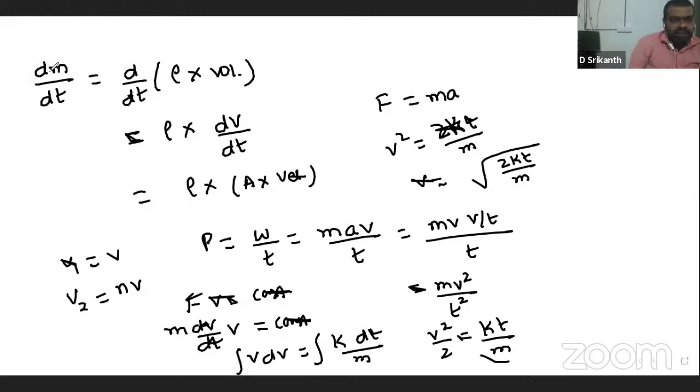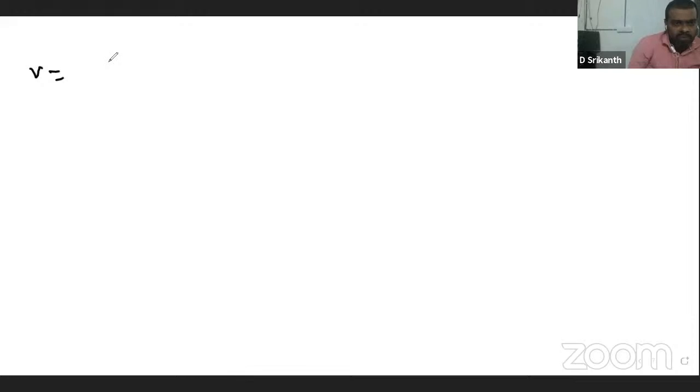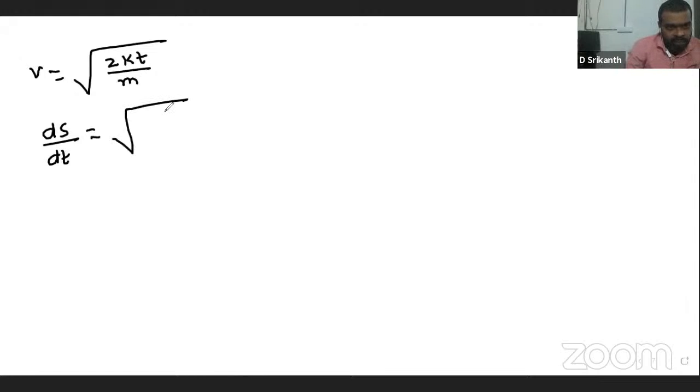Since v is equal to under root 2kt by m, ds by dt, velocity meaning rate of change of displacement, is under root 2kt by m.